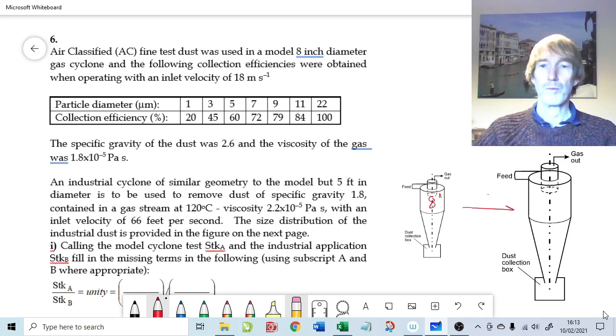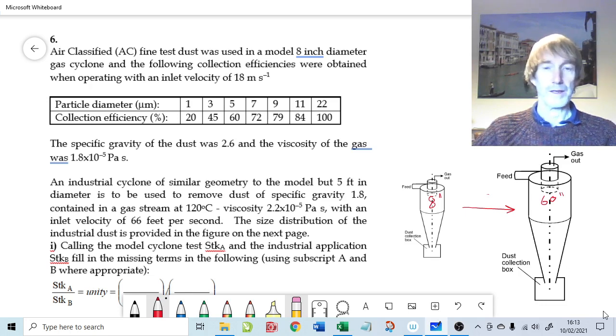to model the performance of what is called a 5 feet diameter cyclone, 12 inches in a foot, so 5 12s are 60. So to maintain the same units, we're going from an 8-inch cyclone to a 60-inch internal diameter cyclone.